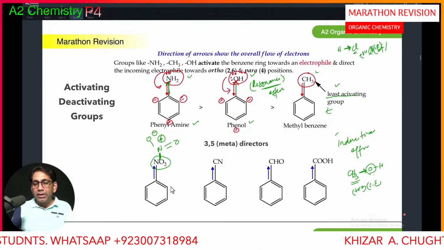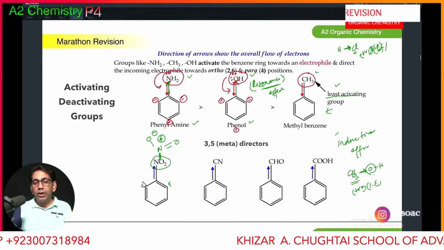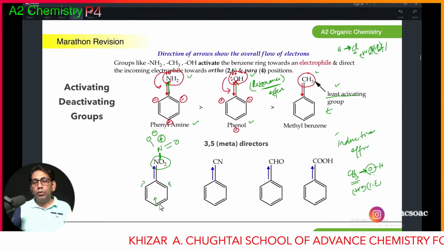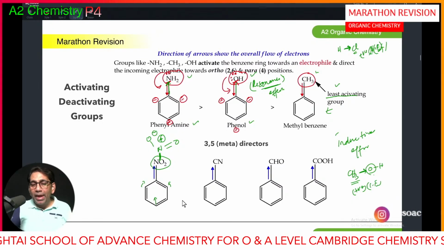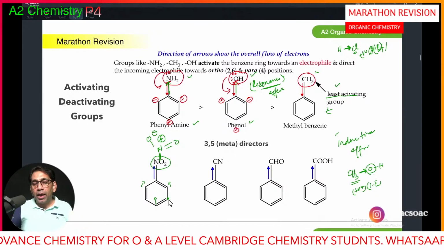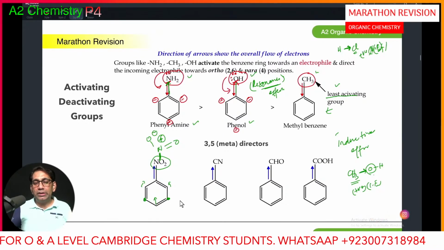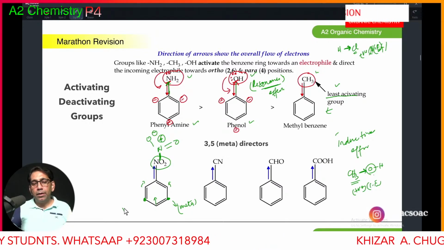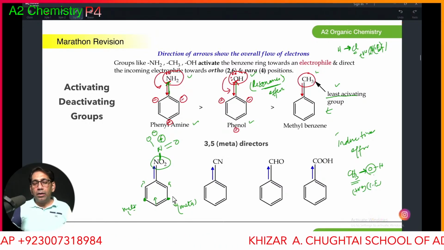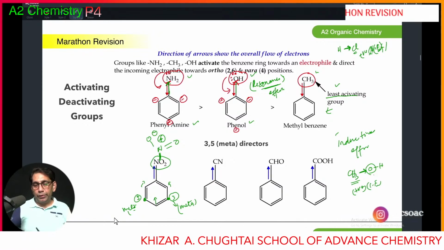It is going to decrease electron density from these positions of the benzene ring. So comparatively, electrons are enough on these two positions. These are commonly known as meta positions, or these positions are called 3 and 5 positions.